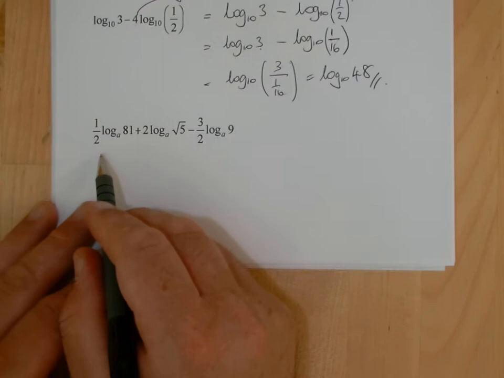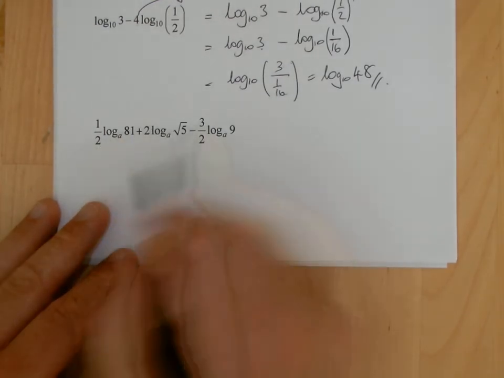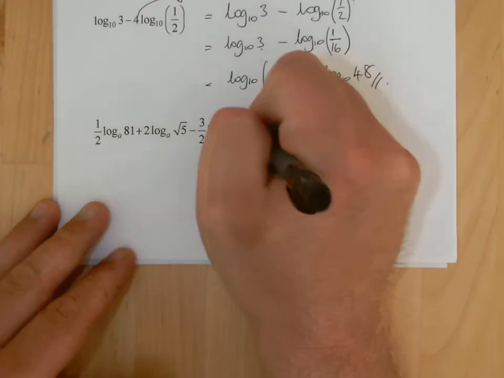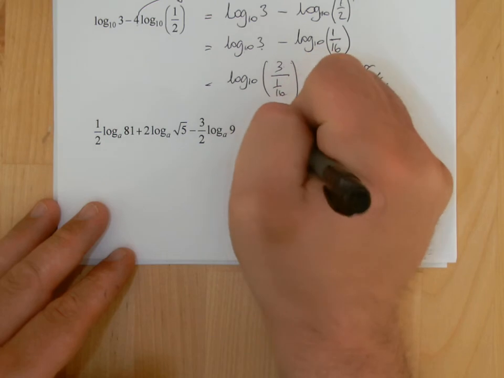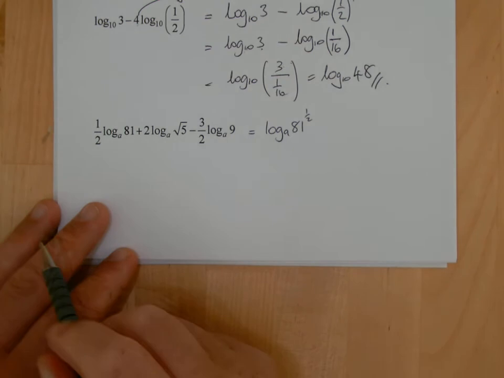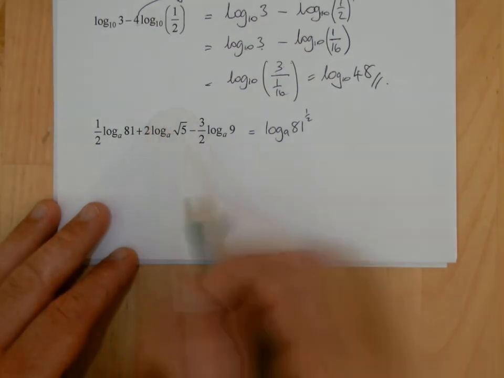With this second one here, again, there's 3 logarithms here, so we have to take our time. But again, you've got this half in front, we need to take it up, right? So we're going to have logarithm to the base a of 81 to the power half. Here then the 2, we're going to take that up as well.